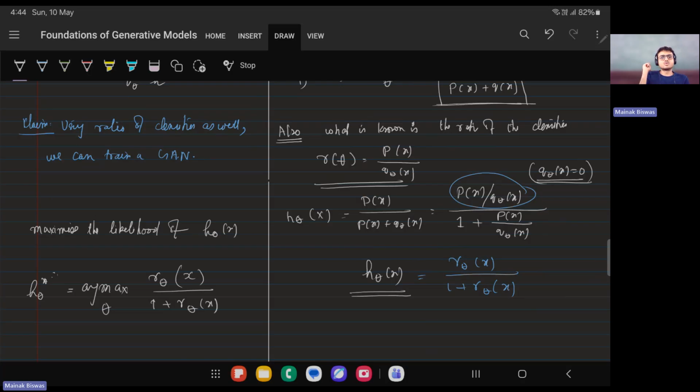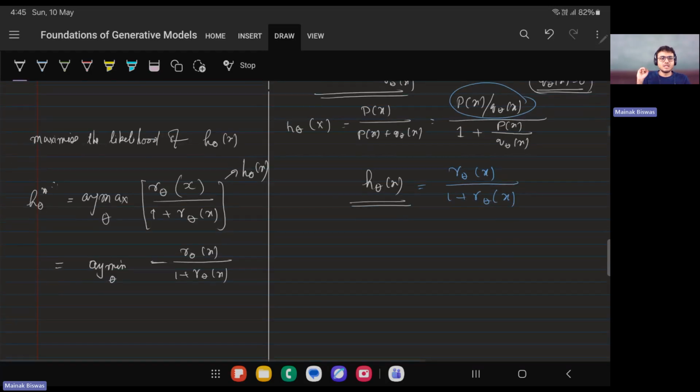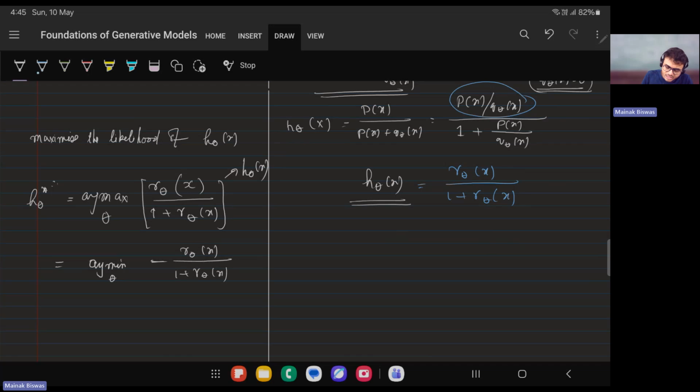So we have access to r theta, and h theta of x is what I'm trying to maximize, which is equivalent to saying arg min over theta of minus r theta of x by 1 plus r theta of x. So now this is for the discriminator. For the generator, I'll try to maximize this equation, since the generator tries to do the opposite.